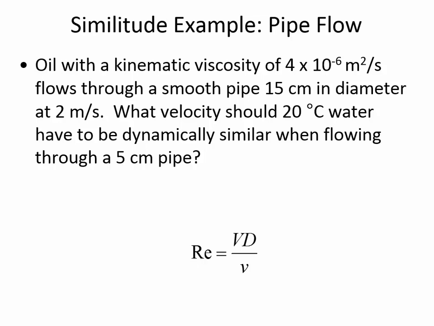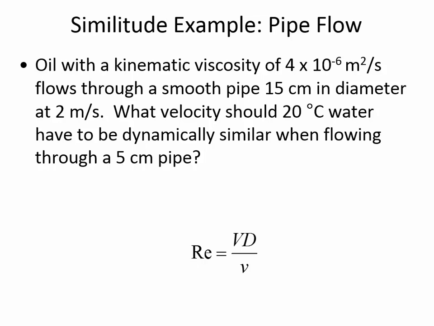All right, we can write Reynolds number in this alternate way. If we know both the density and the absolute viscosity of the fluid, then we can substitute kinematic viscosity, because the kinematic viscosity is the absolute viscosity divided by density of the fluid. So that's where Reynolds number as the velocity times diameter divided by kinematic viscosity comes from.